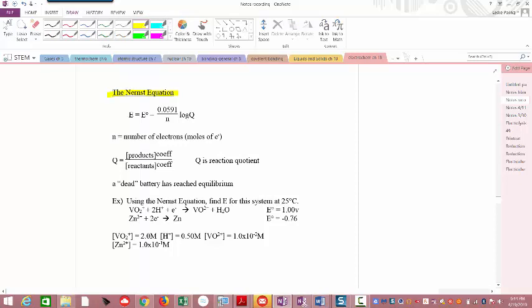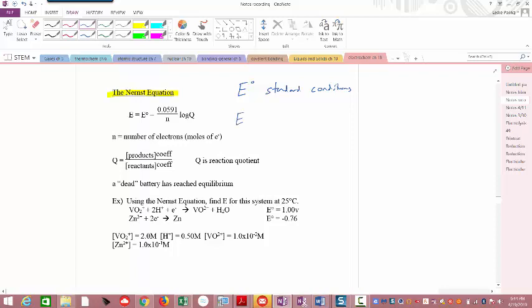Okay? Now, in the Nernst equation, notice we have E naught, which is what we've been using up until now with our standard conditions that we get from the chart.